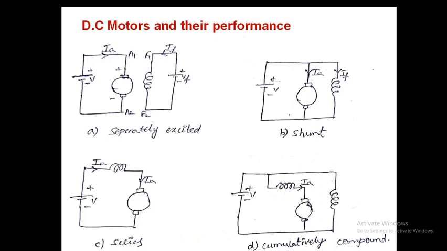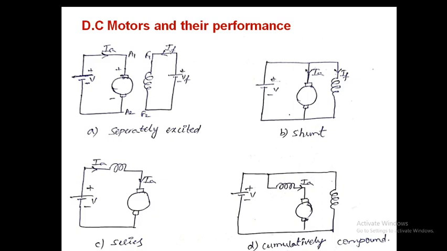Both are connected separately with different levels of DC voltage. That is called the separately excited DC motor. Whereas in shunt type motors, your field is connected across the armature, and that is connected with the supply.